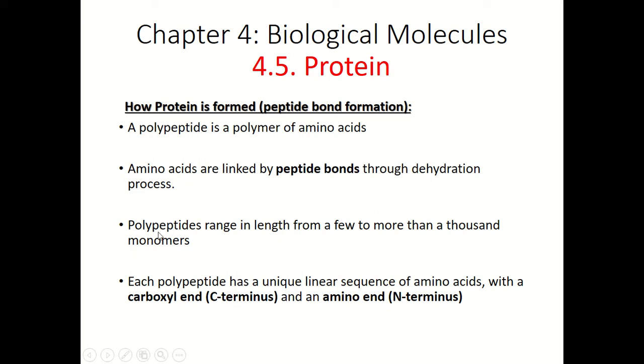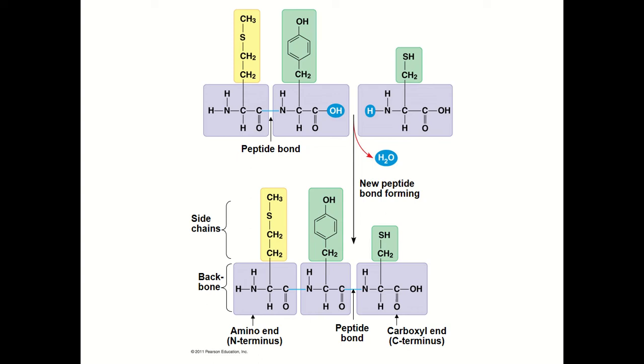The polypeptide length varies from a few to more than 1,000 monomers, and each polypeptide has a unique sequence of amino acids with a carboxyl end, the C terminus, and an amino end, which is the N terminus. Here is the N terminus, and here is the C terminus.